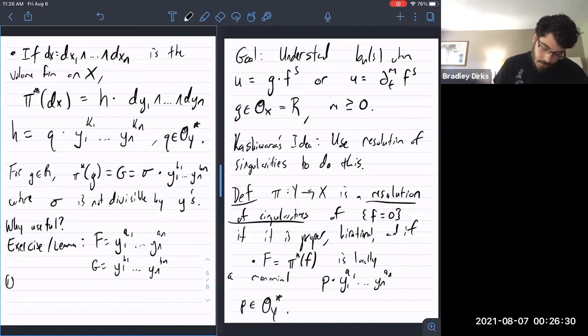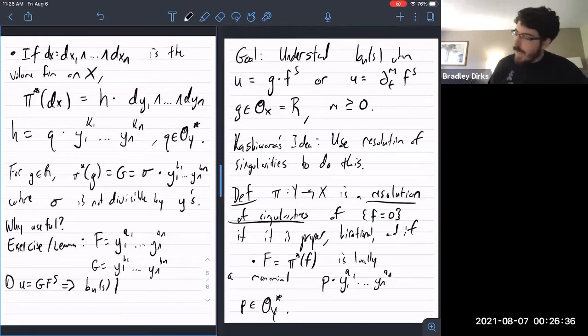Then, 1: if u is equal to g f to the s, then b_u of s divides. So we can be very explicit with what this b function looks like when we're just multiplying a monomial by another one.